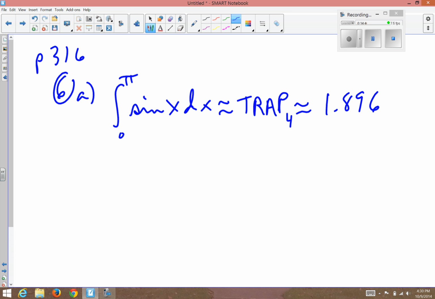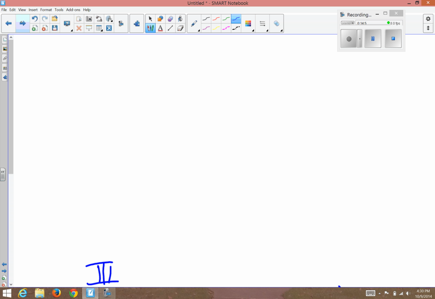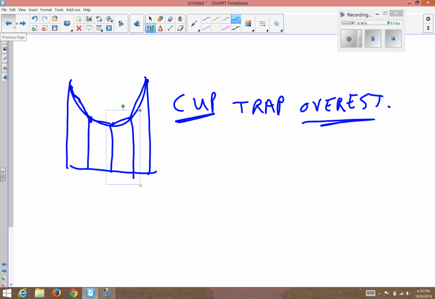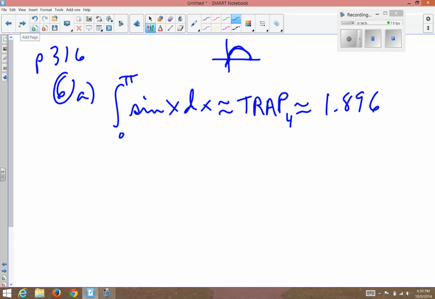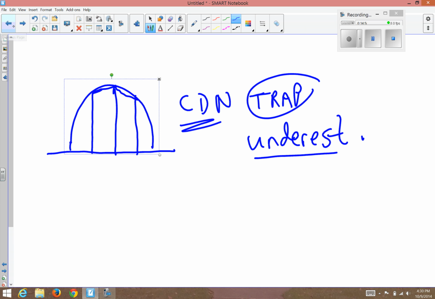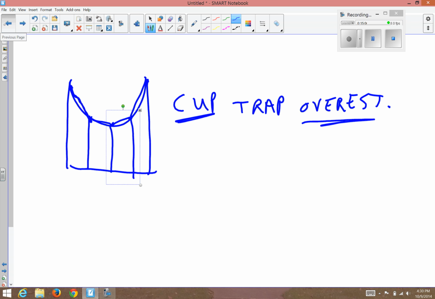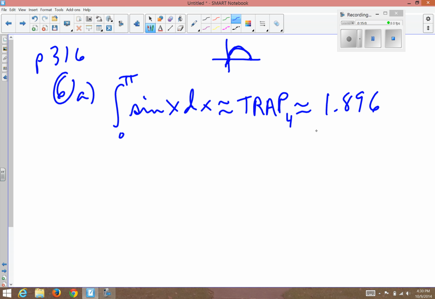So from this exercise, the sine graph between 0 and pi is concave down, that means 1.896 is an underestimate of the actual integral.